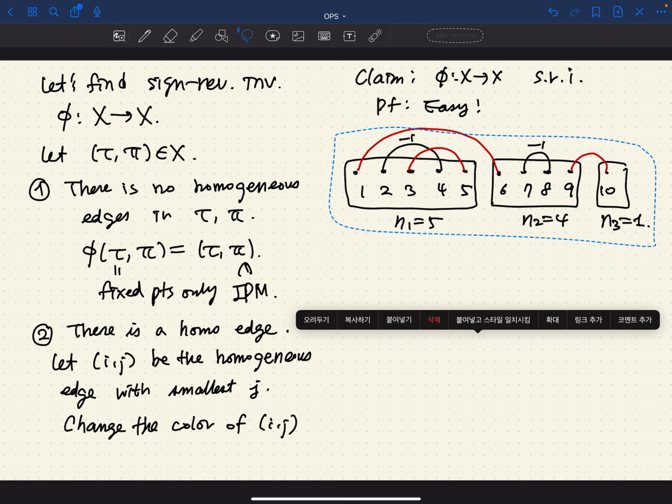And A3 is pi, where pi is, let me explain this way, sigma with n+1 inserted after some integer.